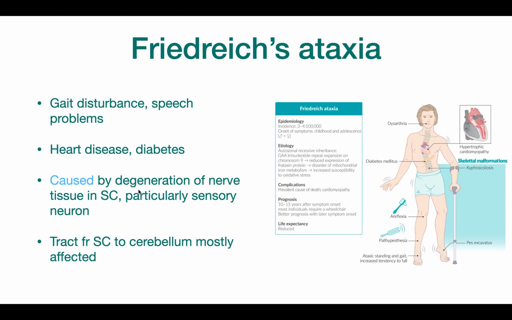It's caused by the degeneration of the nerve tissue in the spinal cord, especially the sensory neurons. So there's going to be a problem with proprioception, and a problem with compensation in terms of movement. There are no reflexes present, and there is going to be a certain gait. It's the ataxic gait.